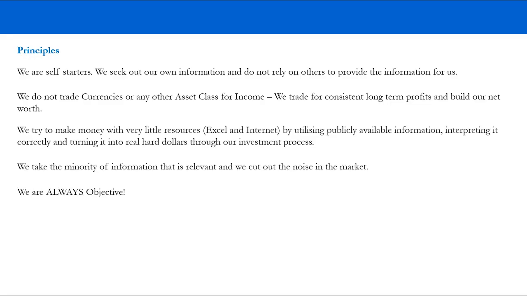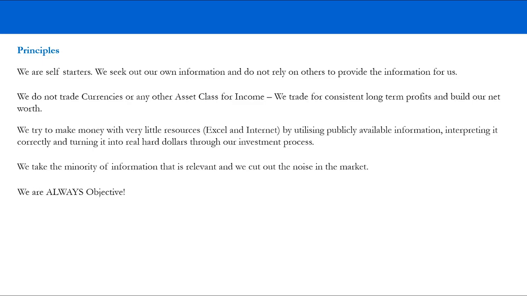We trade for consistent long-term profits. We build our trading accounts up using our own money consistently and patiently over time, and we build our net worth.